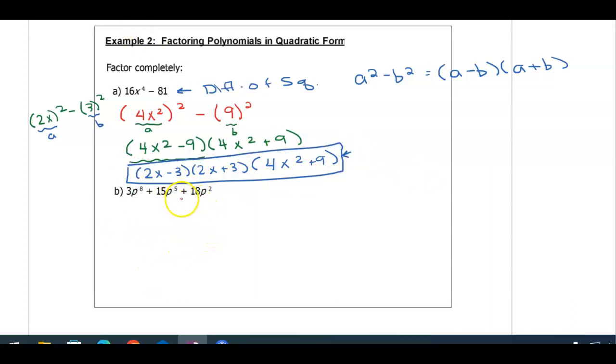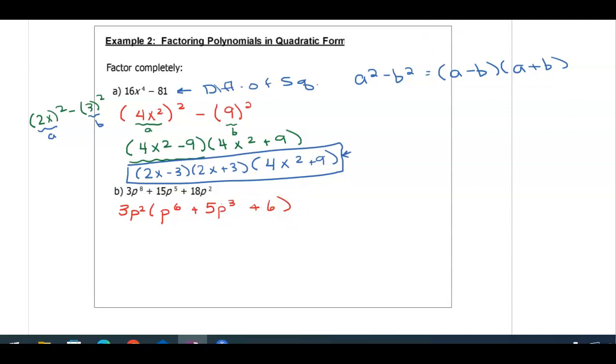All right, so if I look at B, guys, the first thing I always want to do is take out my GCF, which I do have here. So I can take out a 3p squared here, and I'm left with p to the 6th plus 5p to the 3rd plus 6.